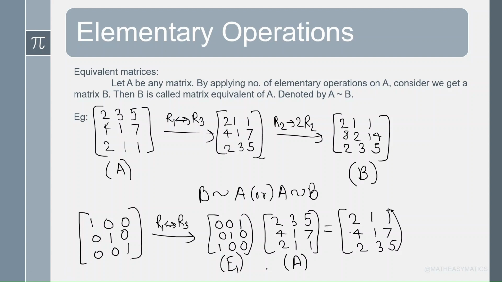Here we get this matrix and this matrix similar. By performing elementary transformation on identity matrix, we got an elementary matrix, and after multiplication of elementary matrix with A, we got another matrix which is similar to the elementary operation done on A. This and this. Another method to perform elementary operations.